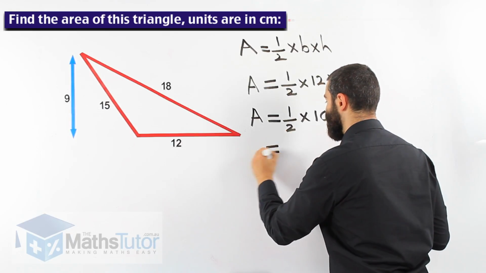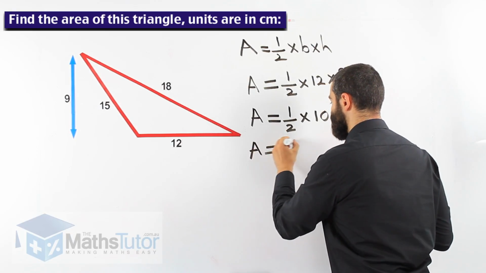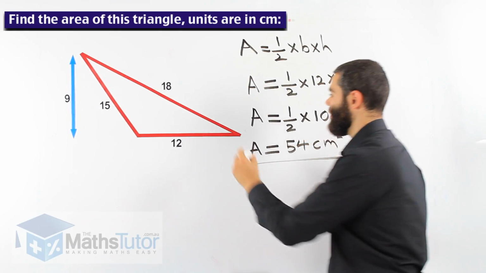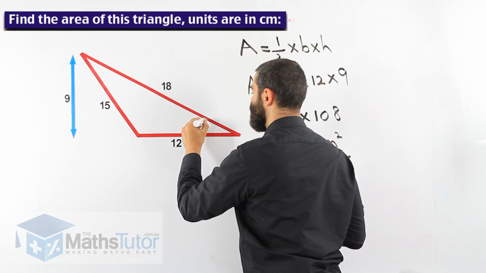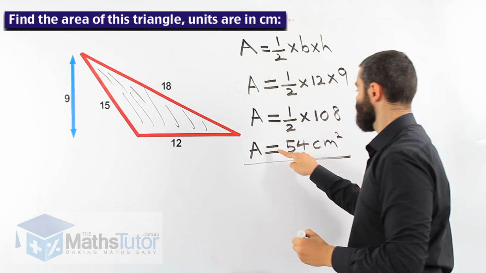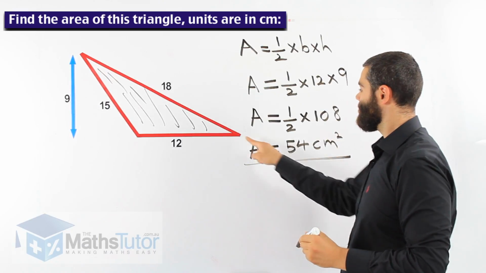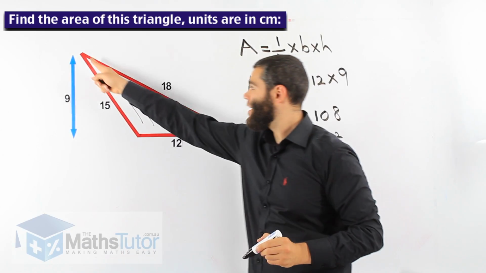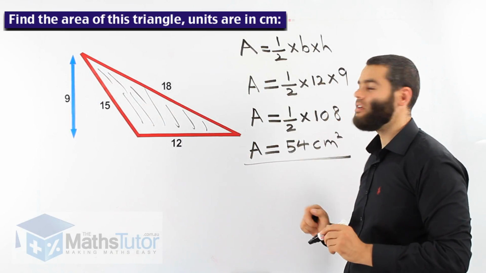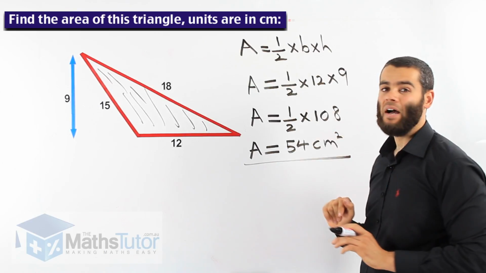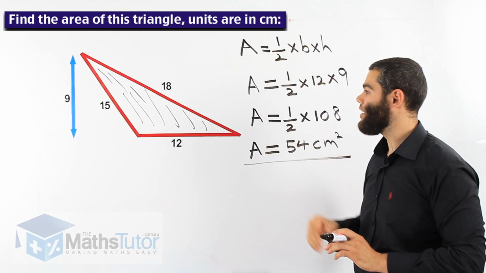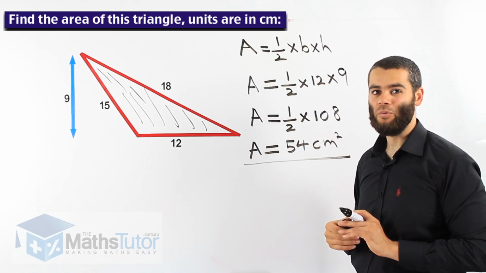So half of 108 is 54 square centimeters, the area of this triangle marked in red. So all this space inside is 54 square centimeters. We have our base, we have our vertical height, very important, and we multiply them together, times half, half times base times height, and we get the answer for the area of this triangle. Let us do one more.